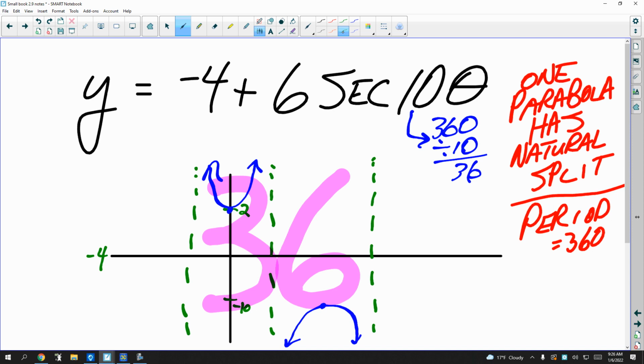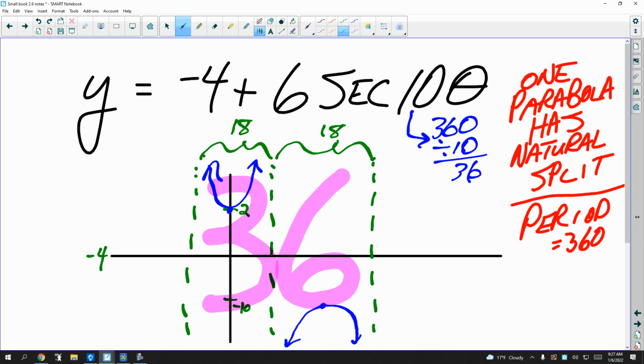Oh, so there's 3 lines, but there's only 2 segments. There's a segment here, and then there's a segment here. So then it's just 18. If the whole stretch has to be 36, what does each half have to be? 18. Okay, so this has got to be 18 and that's got to be 18.